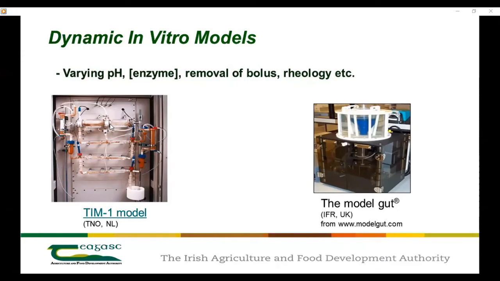And here are some of the more well-known models. On the left-hand side, you see the TIM1 model. It's an older model that has been improved since, but you nicely see the stomach compartment here on the top, and 3 intestinal compartments, duodenum, jejunum, and ileum. And on the right-hand side, you see an image of the model gut developed in IFR in the UK.